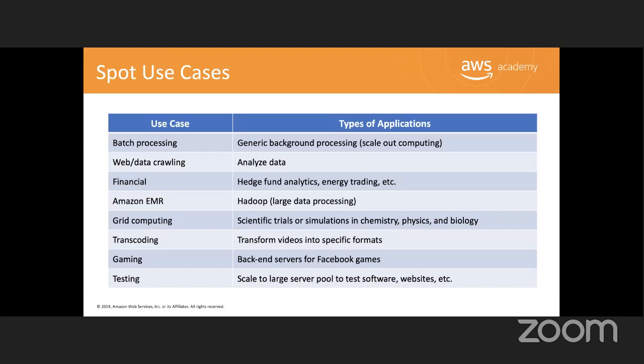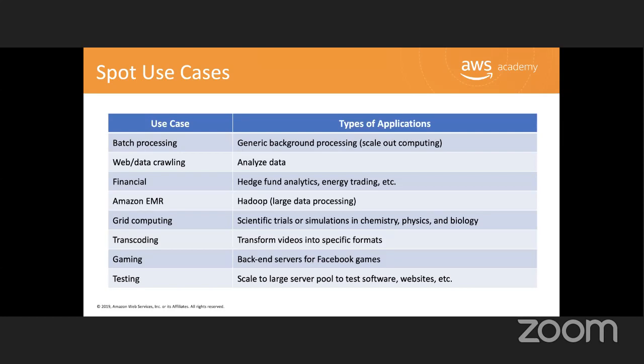The use cases for this, for example, batch processing, generic background processing, scale-out computing, web data crawling, analyze data, financial hedge fund analytics, energy trading, etc. Amazon EMR, Elastic MapReduce, this is for large data processing, Hadoop, grid computing, scientific trials or simulations in chemistry, physics, and biology.